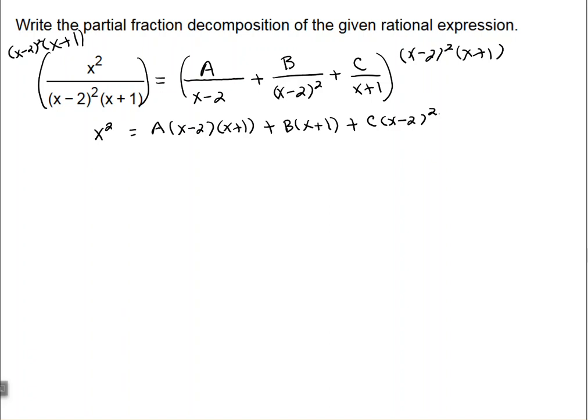Alright, so I need to use my distributive property or FOIL, however you want to multiply that out. So that will give us x squared minus x minus 2.